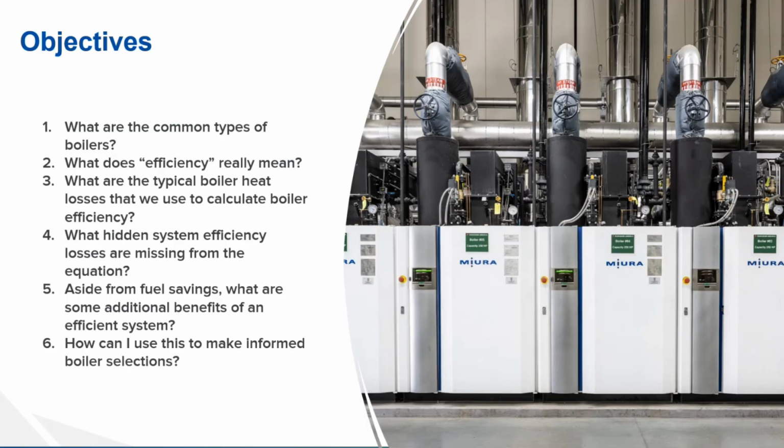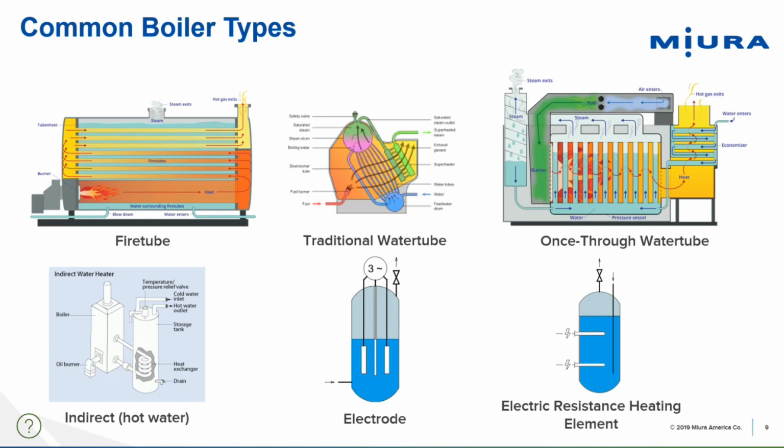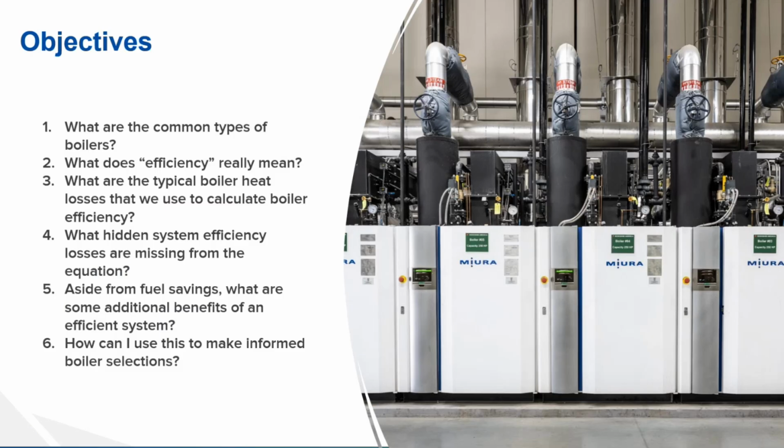Our objectives today, we're going to look through what are the common types of boilers. What does efficiency really mean? When we say the term efficiency, what are we really saying?